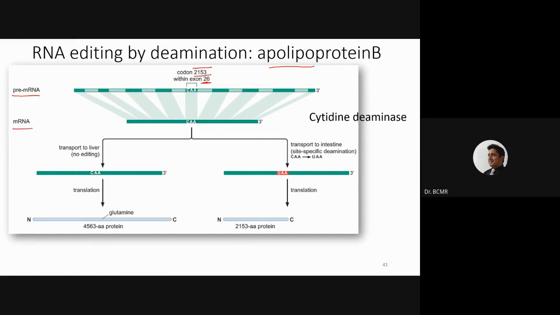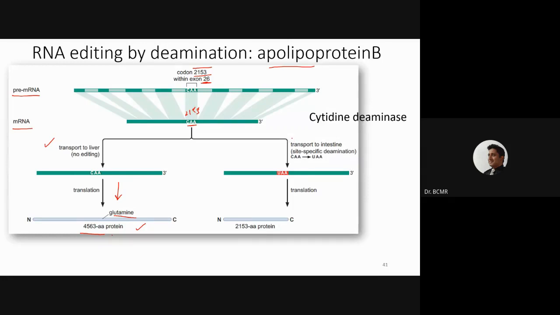Upon splicing, the introns are removed, exons are joined, and this is CAA, which is codon 2153. There are two possibilities of what can happen. Without editing, it will be translated and a large protein is produced. It has about 4,563 amino acids, and CAA is coding for glutamine. Upon translation, you'll get such a large protein.